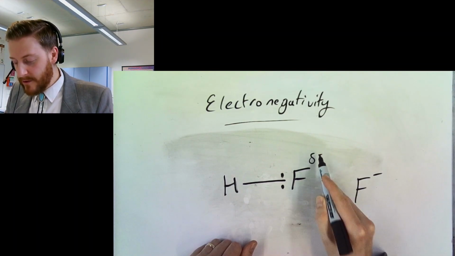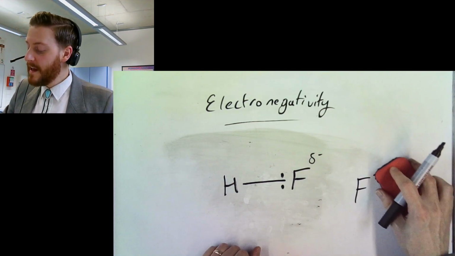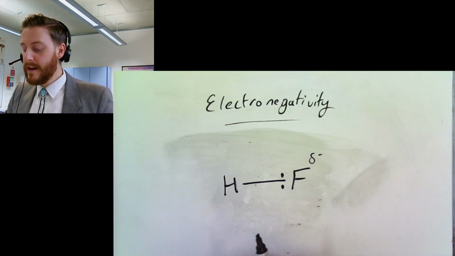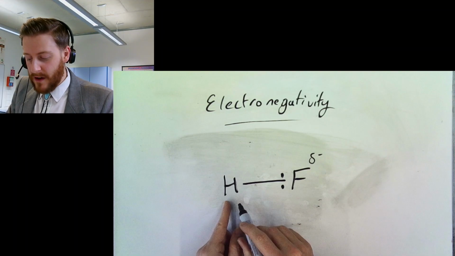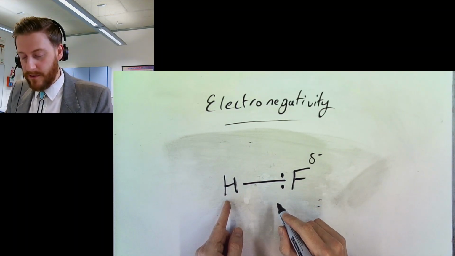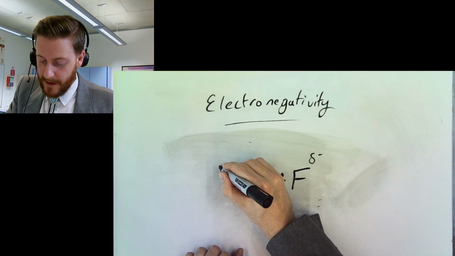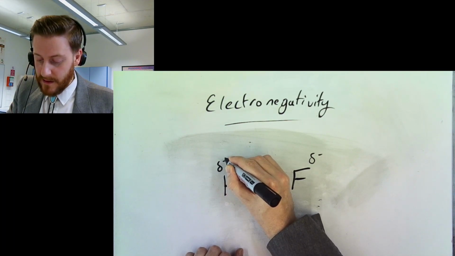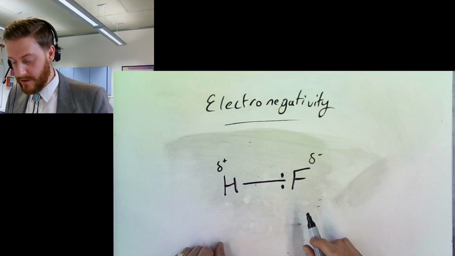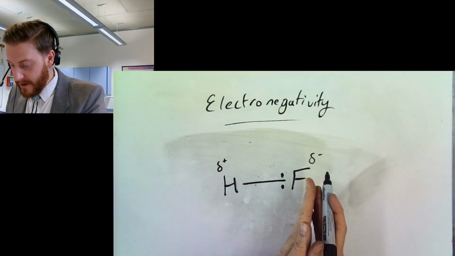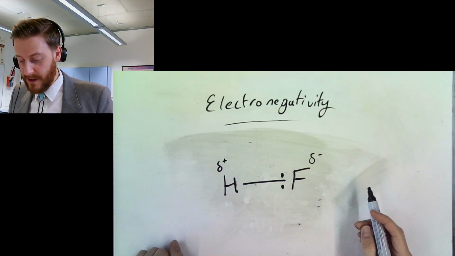This is a delta negative, just a slight negative charge. And of course, if this hydrogen over here has almost lost its electron, almost, not completely, it gets a slight positive charge. So a slight positive charge means now I have a negative side and a positive side.